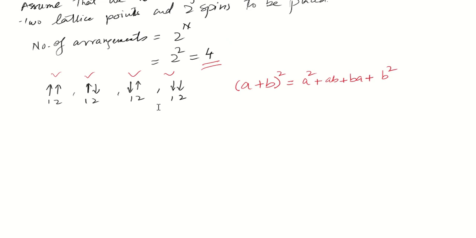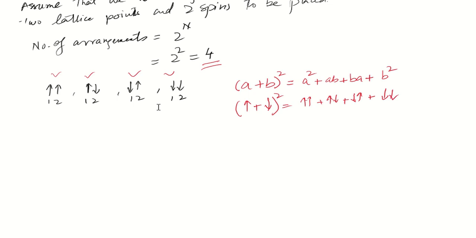And if you put spins instead of a and b, we can write it like this: this is for both spins up, this is for one up, one down, this is for first down, second up, and this is for both down. So there is a similarity between these two formulas.